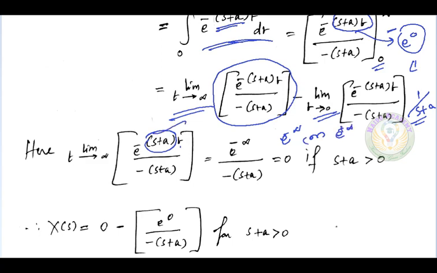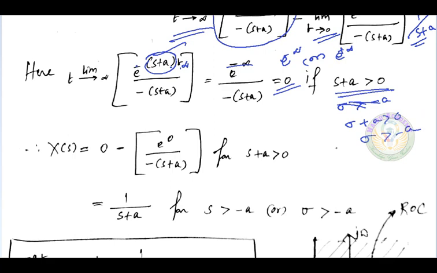So this term has to be greater than 0. Then only, if you substitute infinity, it remains a minus infinity, and that will be convergent. So naturally sigma should be greater than minus a. Otherwise you can say sigma plus a should be greater than 0, then sigma is greater than minus a for the condition of convergence.